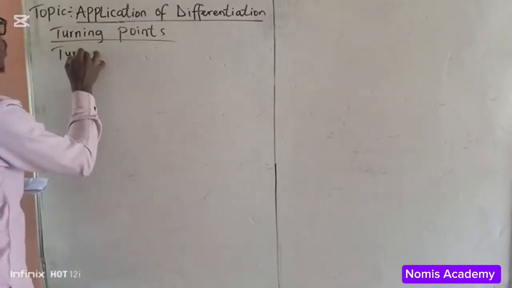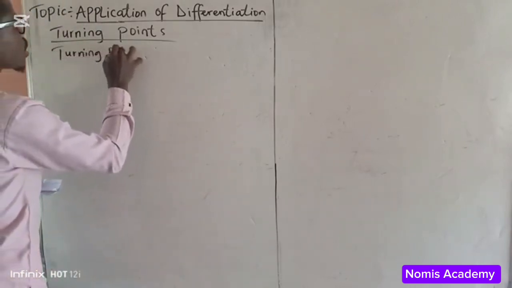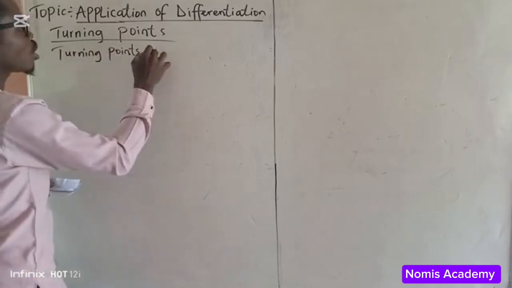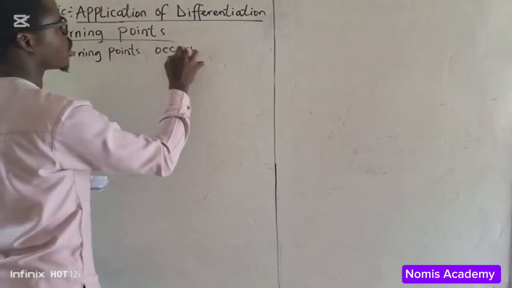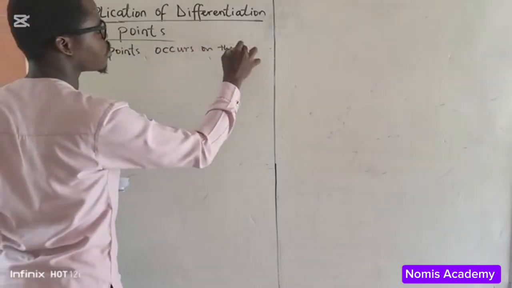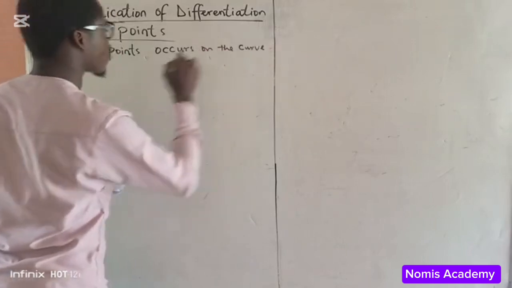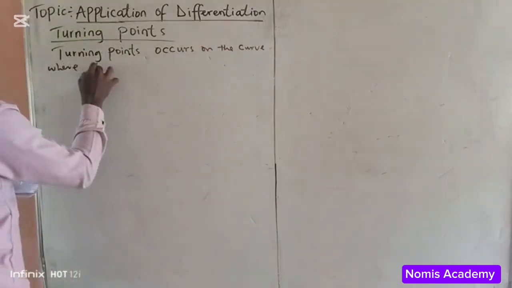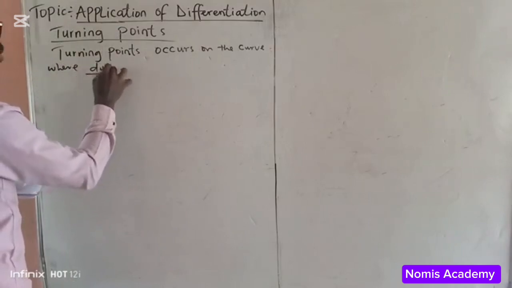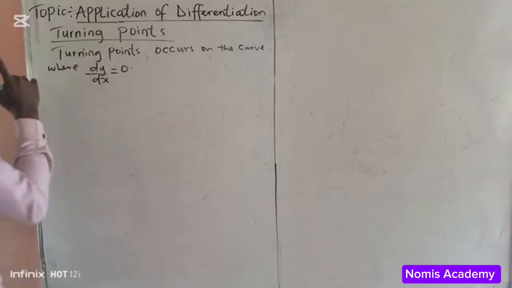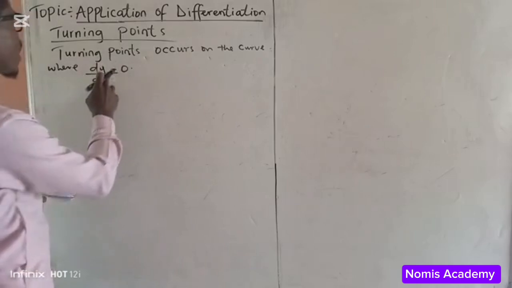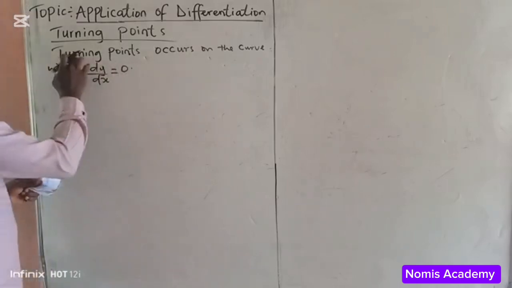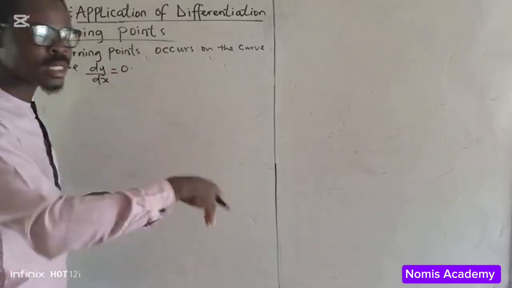Turning points occur on the curve where dy/dx is equal to 0. So at the point where dy/dx equals 0, a turning point occurs at that point.